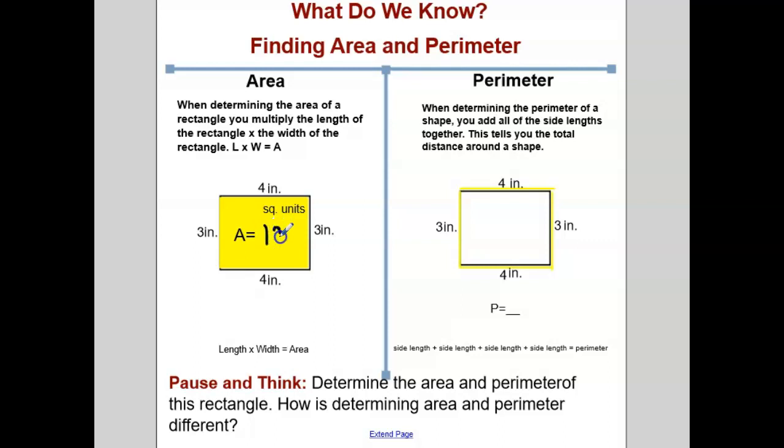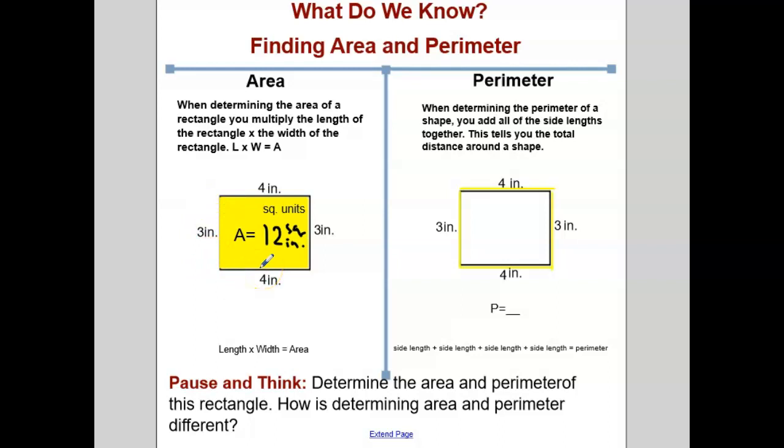But we have to say 12 square inches so that we're able to remember that area is always measured in square units. And for this particular problem, my units are inches. And so 12 square inches would fit inside this rectangle.